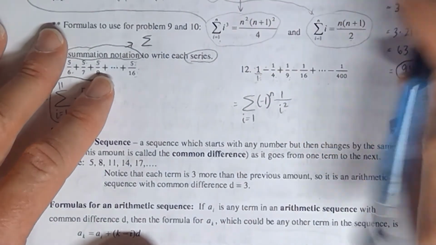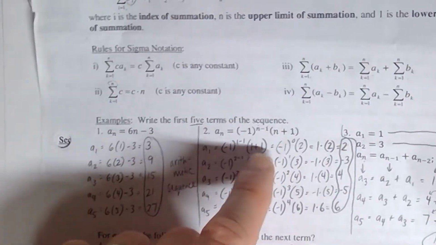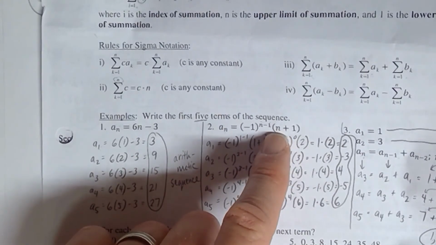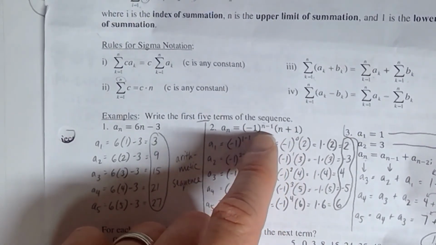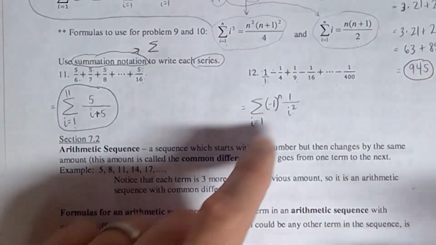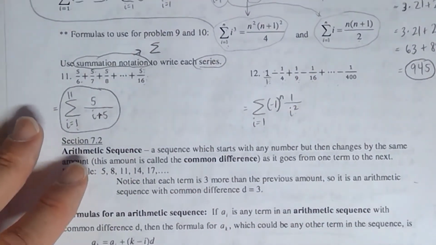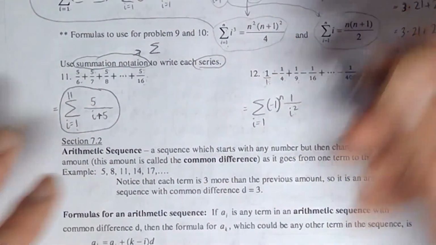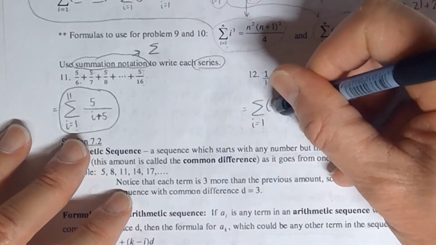Put it in front of the fraction here because it's going to be multiplied by the fraction, just like I multiplied the -1 to the n minus 1 times the bracket. I want this -1 to the n to be multiplied by the fraction so that it'll alternate the signs.